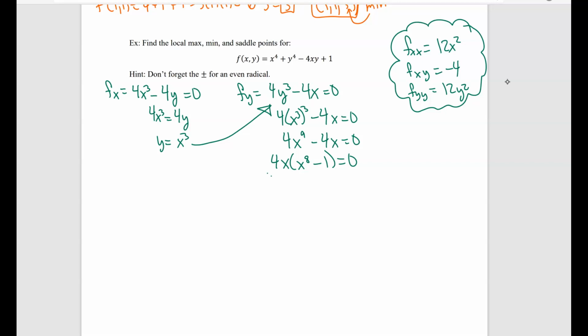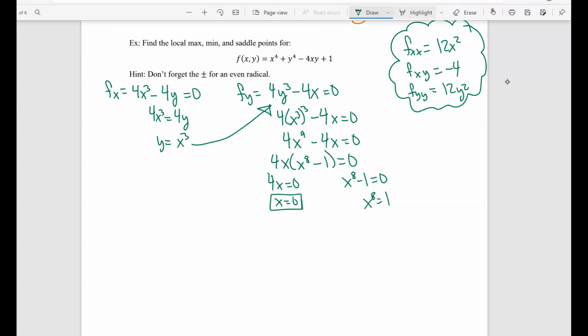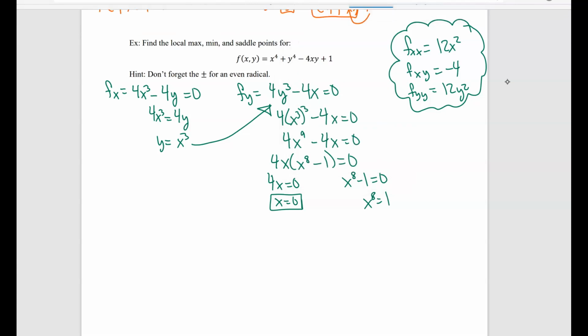Okay, so 4x is equal to 0, and also x to the 8th minus 1 is equal to 0. So you get x equals 0 as one of them, and then I move the 1 over. Now, be very careful when you have an 8th power, because here we're going to take the 8th root.